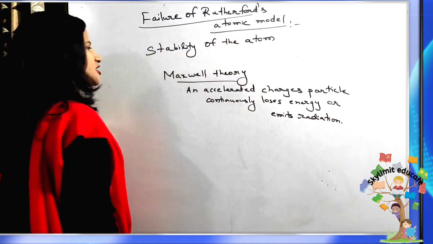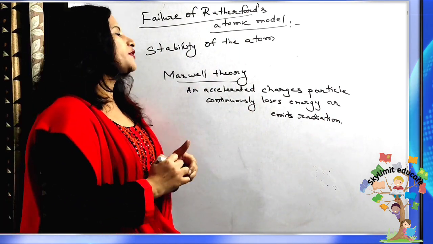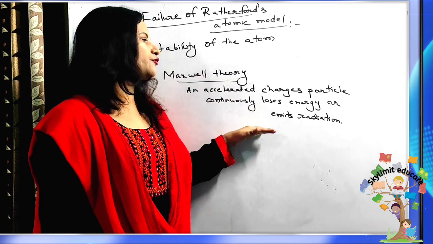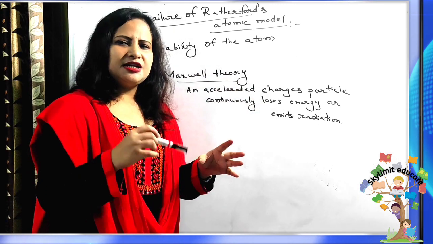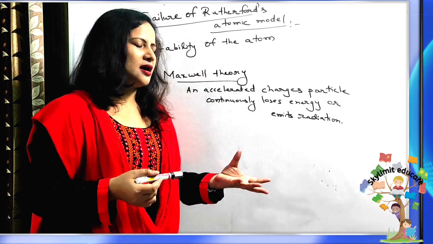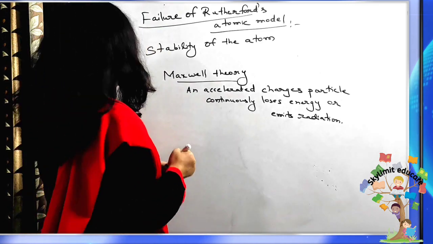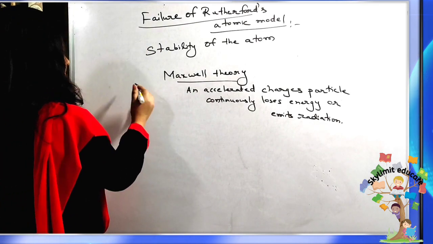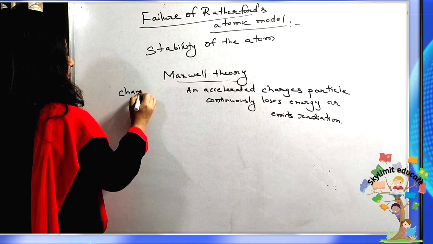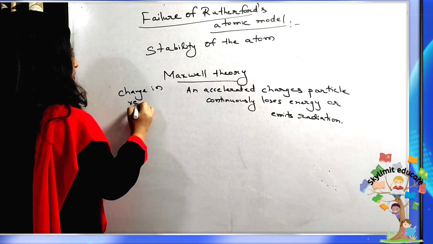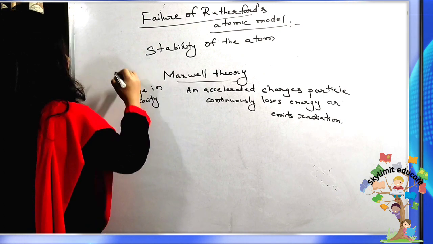So according to Maxwell theory, which was already proved correct, whenever there is any charged particle carrying some charge, and if it is accelerated, now you can see this. Acceleration means what? Acceleration is a change in velocity. Yes or no? That is acceleration.